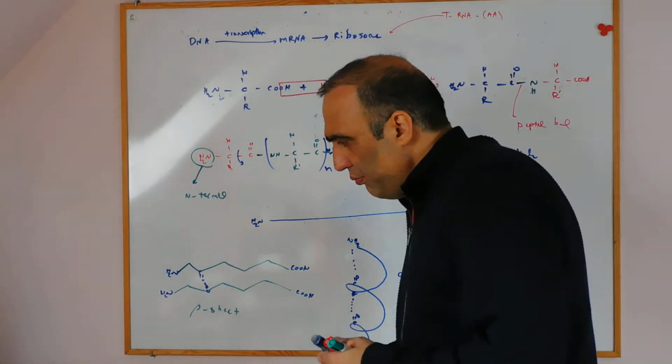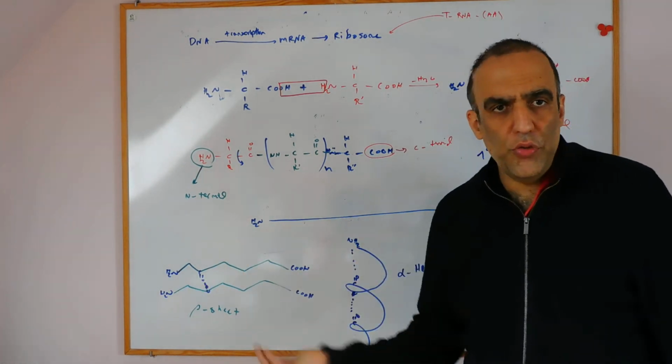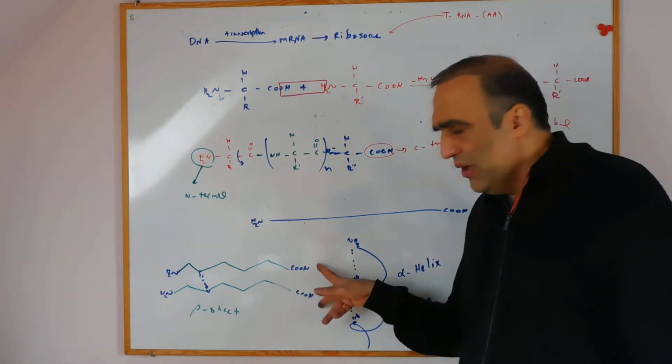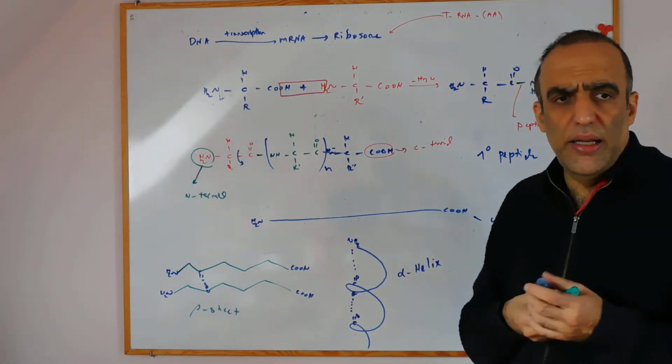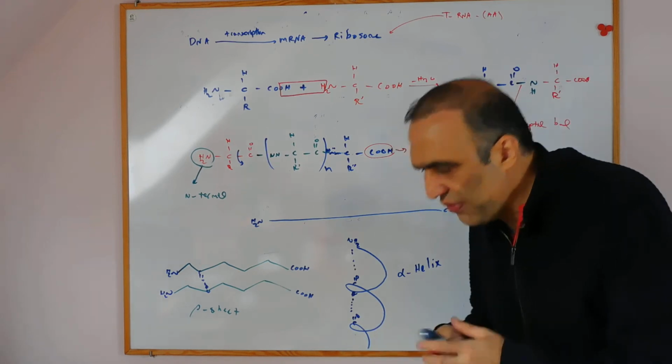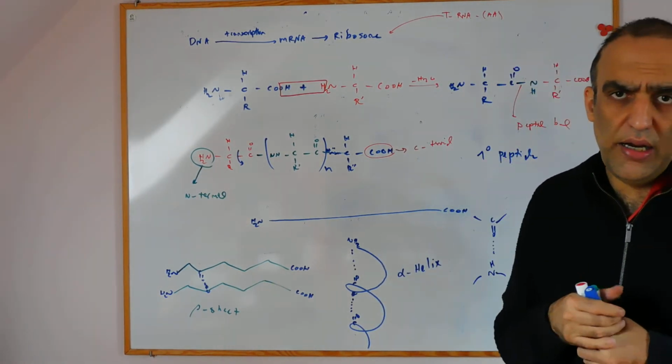Sometimes the beta sheet can be parallel or anti-parallel. When the carboxyl and N terminals are on the same side, in this case it will be parallel. If they are on opposite sides, it will be anti-parallel.